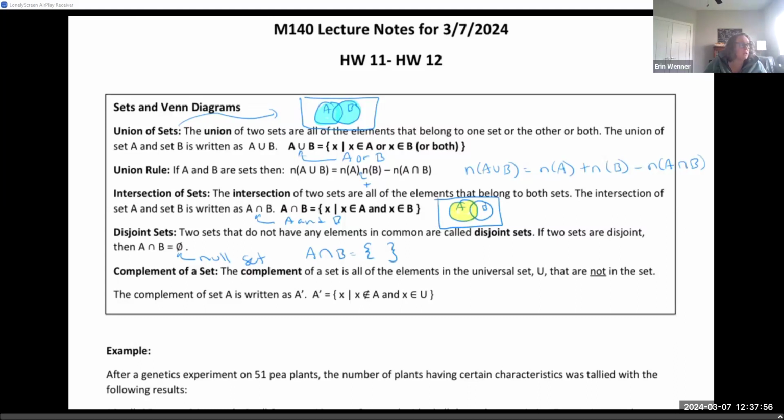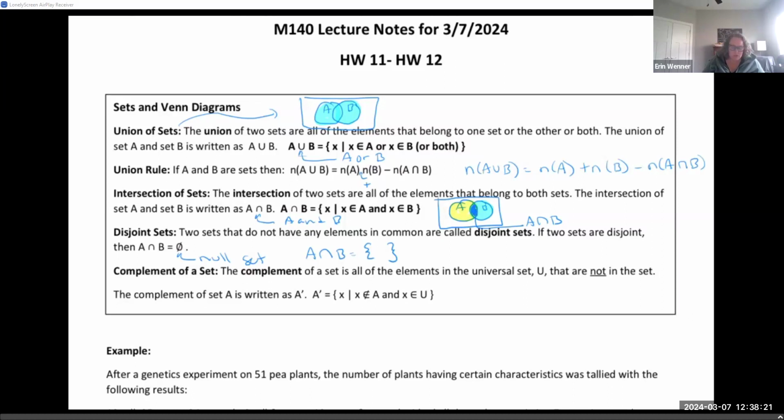Well, the intersection is where yellow and blue overlap, which you can see there looks green. So the intersection is that green space. A intersect B is just where they overlap together. So if I just wanted to color that, it would be this shaded spot right there. That would be A intersect B.